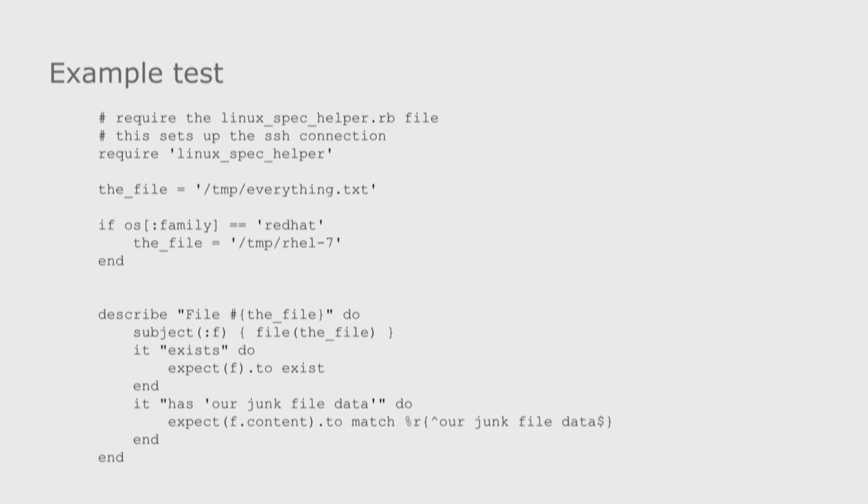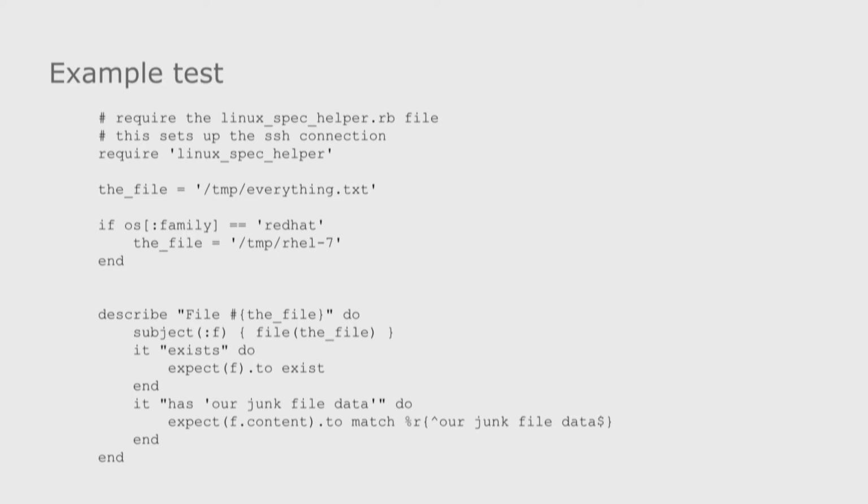And so the language of our spec is, use describe to say what you're going to test, or just a description of it. For this particular one, we're saying, this file, and then we set it.